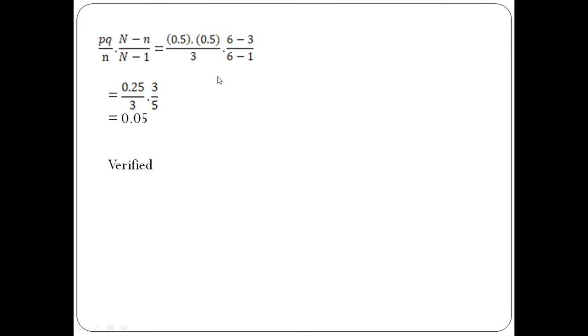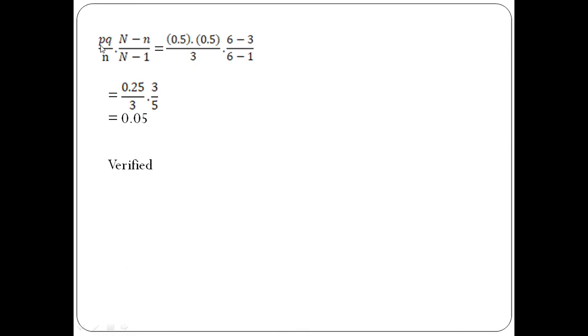Now the right hand side is p into q by n, into capital N minus small n over capital N minus 1. The value of p is 0.5, and the value of q is also 0.5, because for q we subtract the value of p from 1.